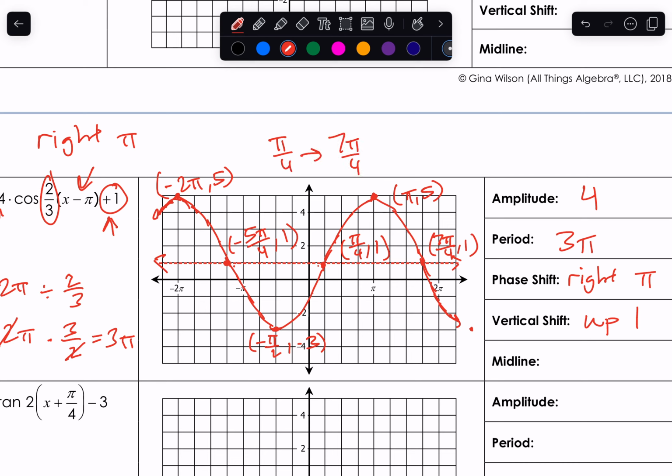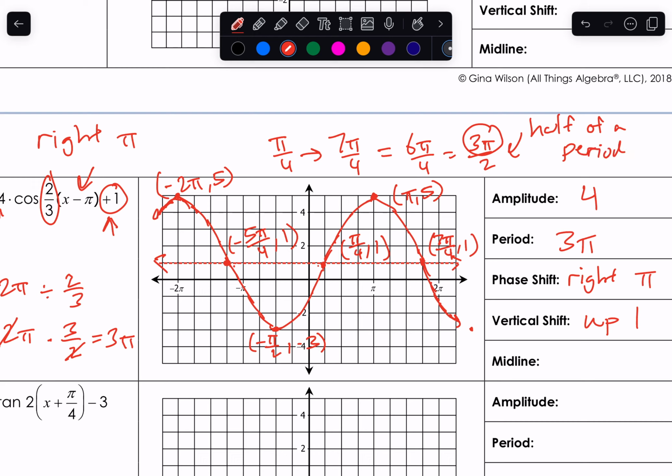Well, that was 6 pi over 4 of a change, which is 3 pi over 2. But remember, our 3 pi is our period. So this tells me half of a period.